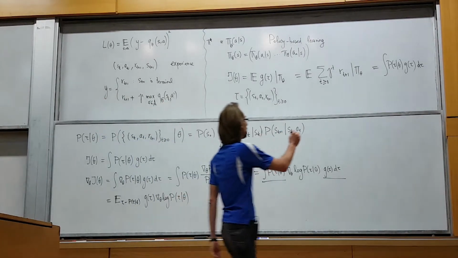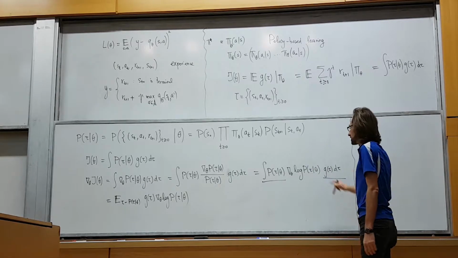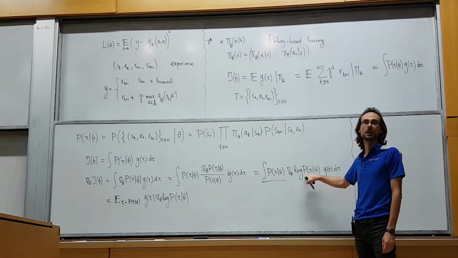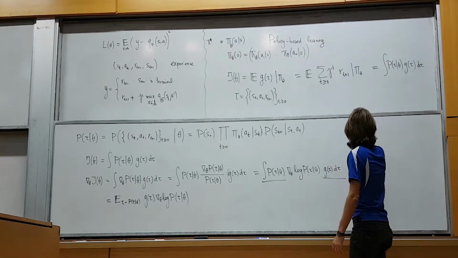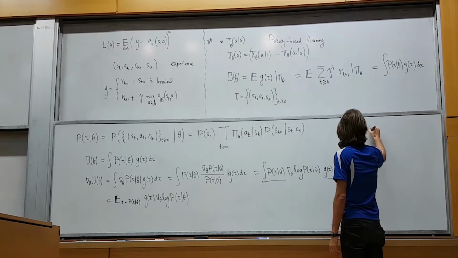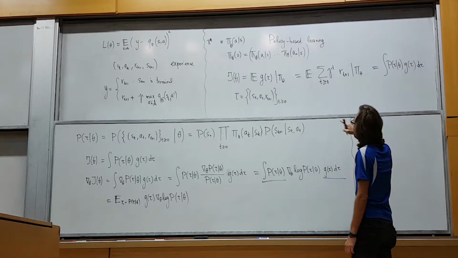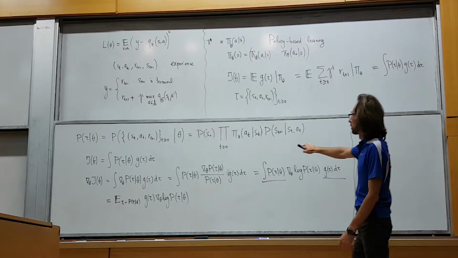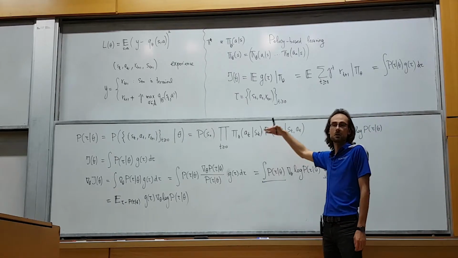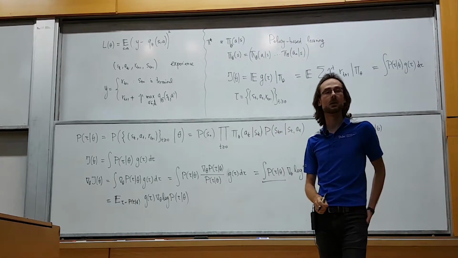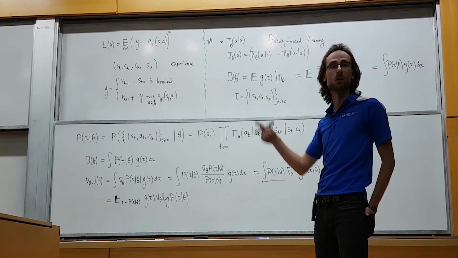Let's do a side calculation. What is exactly this log of p tau given theta? So let's substitute this formula. Under the log, of course, it will become a sum of logs, right?